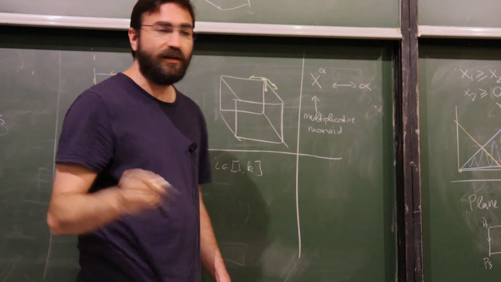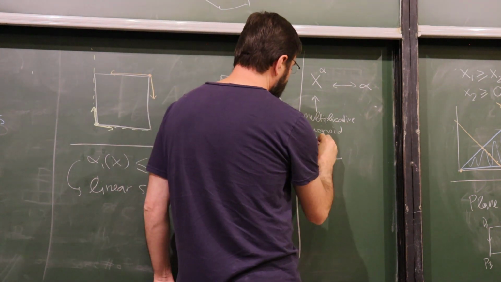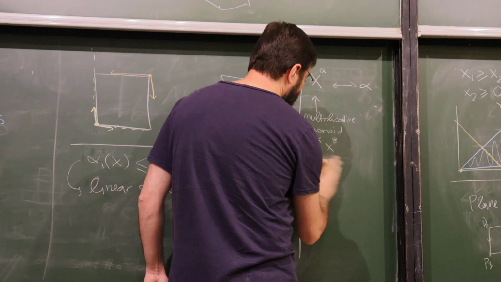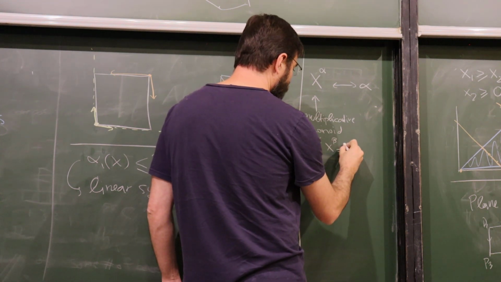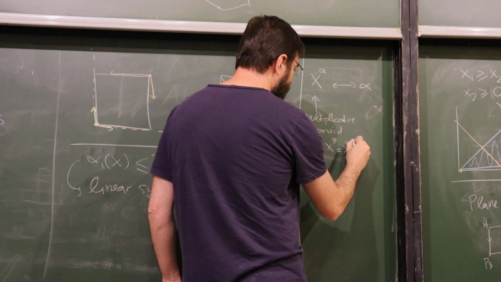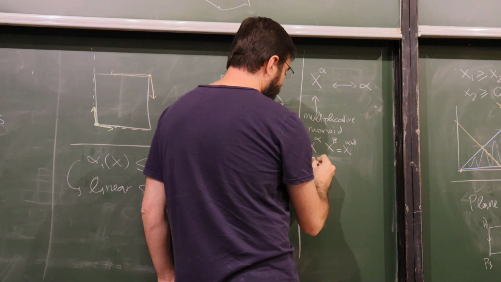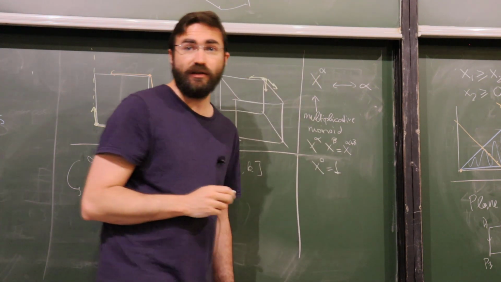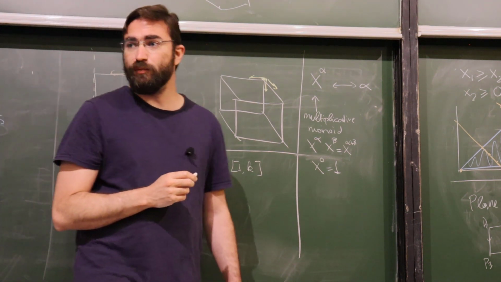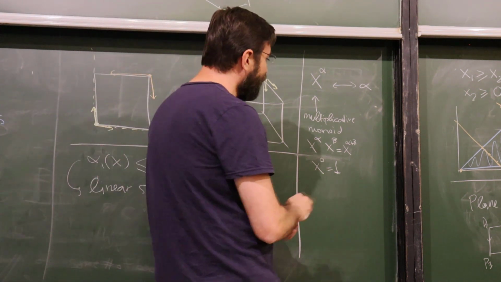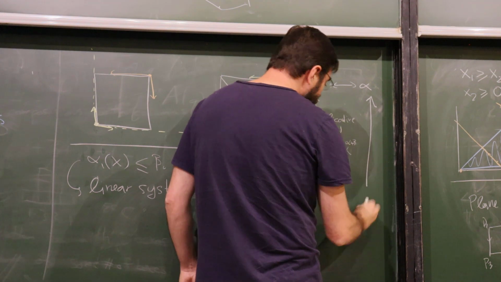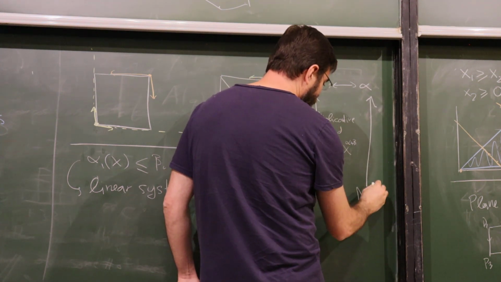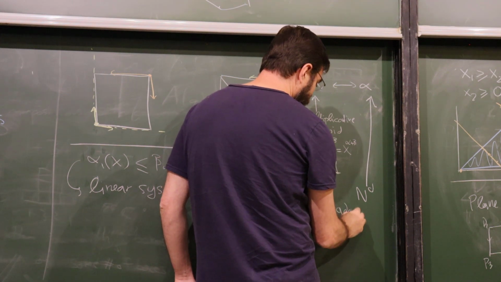We can multiply two monomials and still be in the monoid, and x to the 0, which is 1, is the unit element of this monoid. And then we have this one, which is N to the d, and this is an additive monoid.